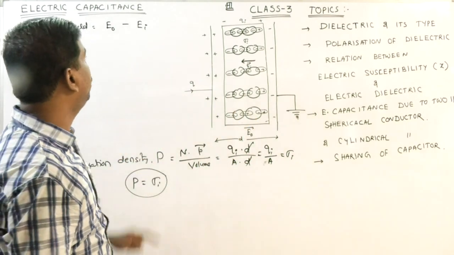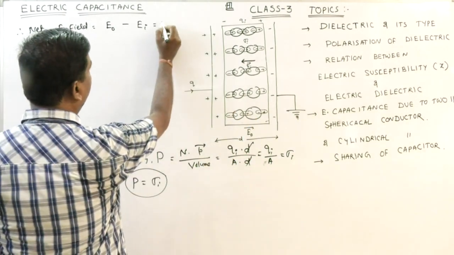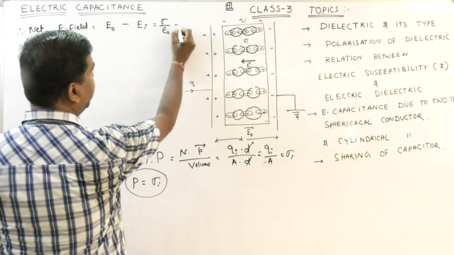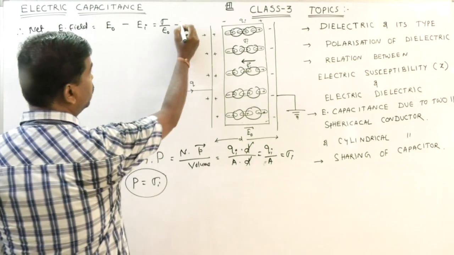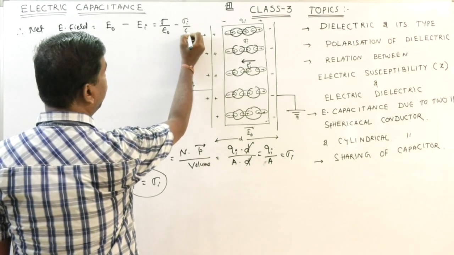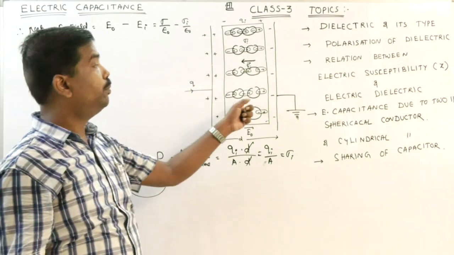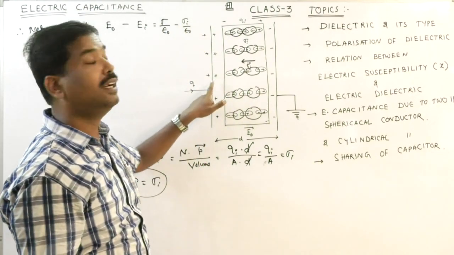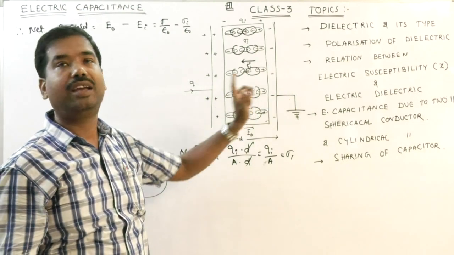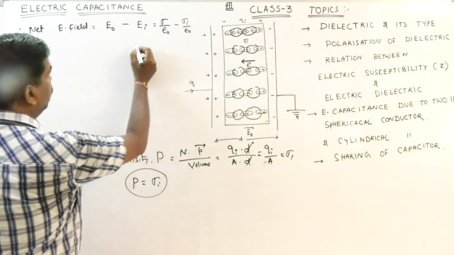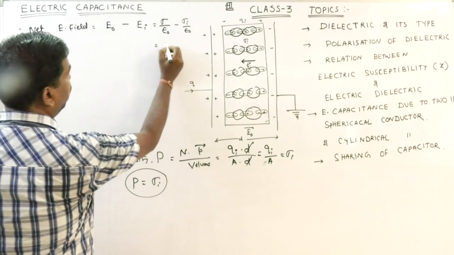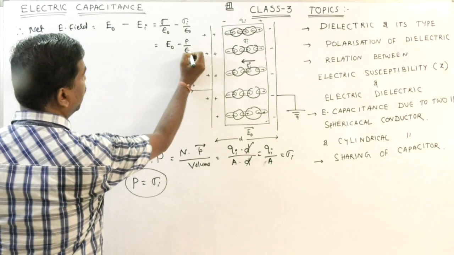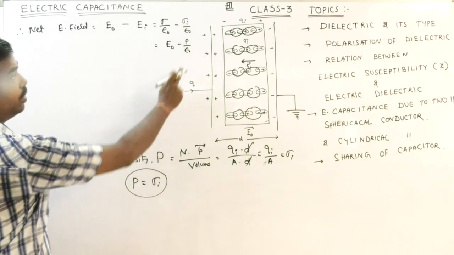Hence, net electric field is E0 minus E_I, or I can write it as sigma by epsilon 0, that is charge density of each plate, minus sigma_I by epsilon 0, where sigma_I is the induced charge density and sigma is the applied charge density of each plate of a capacitor. Or it can be written as E0 minus P by epsilon 0, where P is equal to sigma_I.